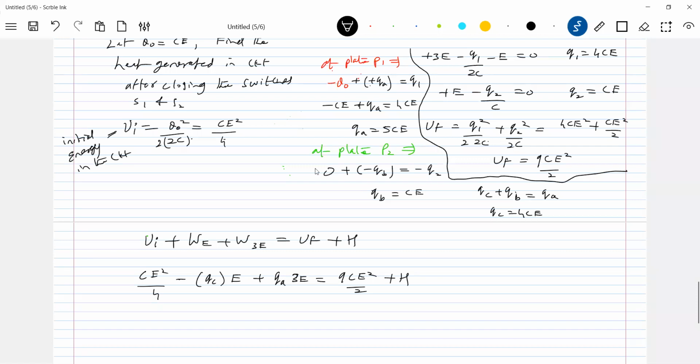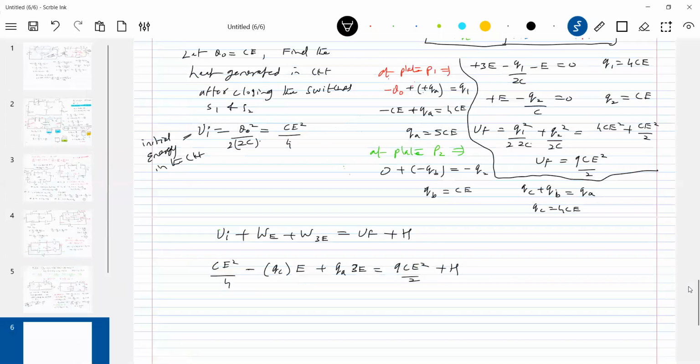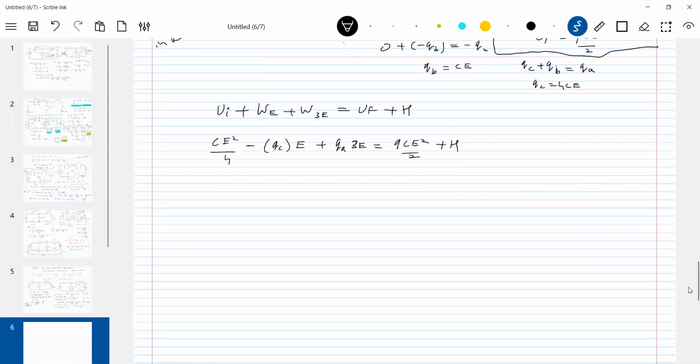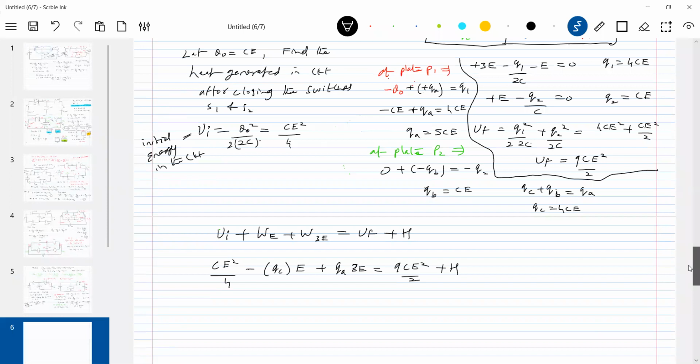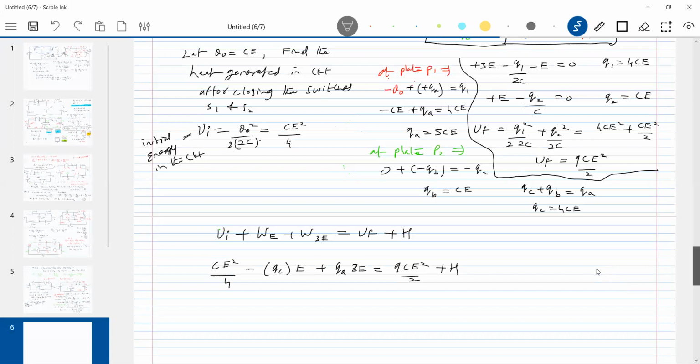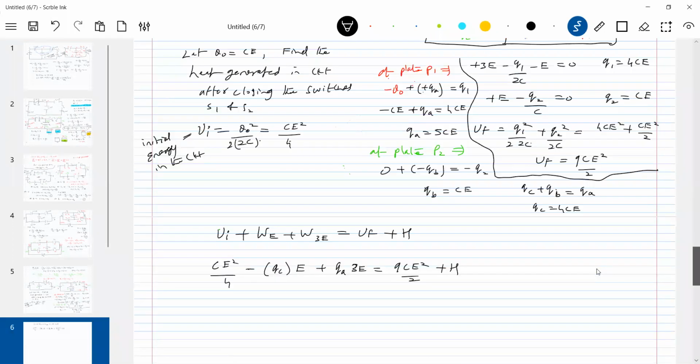There's a heat generated, so solve it later on. Like this, you'll get numericals where they'll ask you about the heat generated.